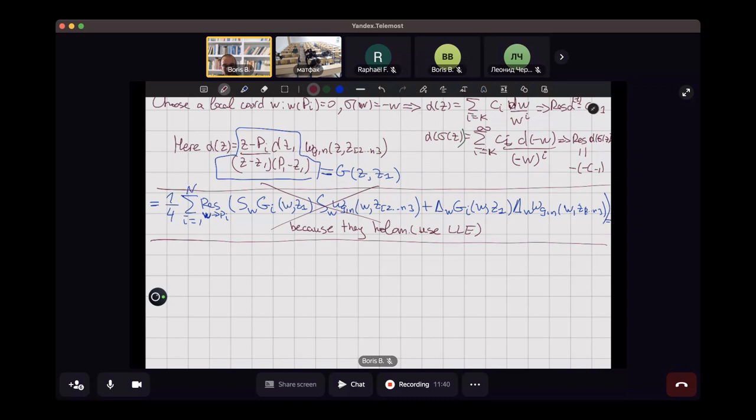Delta is also with 1/2, so it's two times Q, and here no 1/2. Yes, thanks, and minus 1 also.